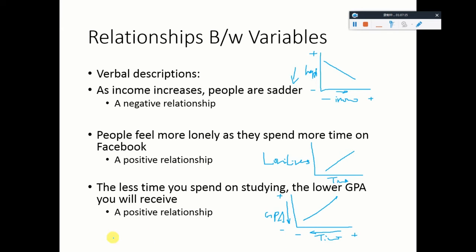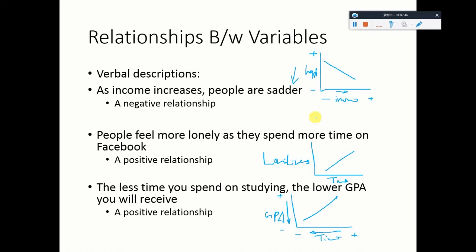So if you spend less time, you will have lower GPA compared to if you spend much more time, you have much higher GPA. Less time, lower GPA. This line is exactly the same line as this one. So if this one is a positive correlation, we have a positive correlation here as well.